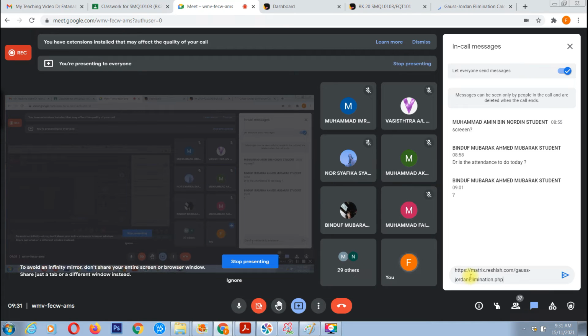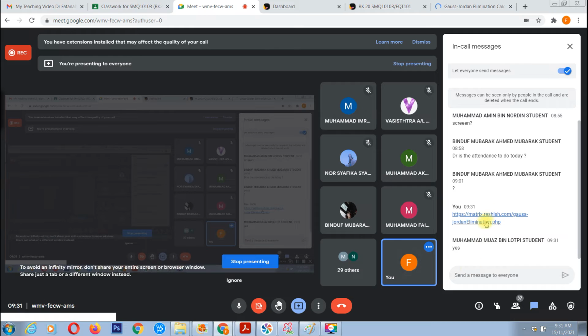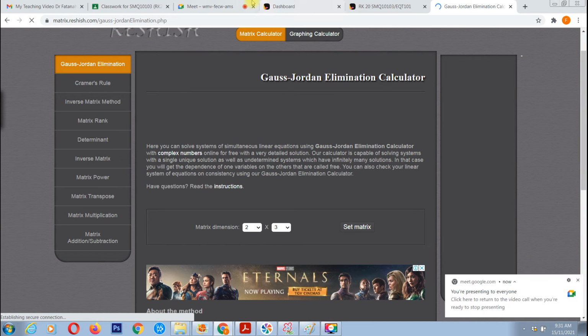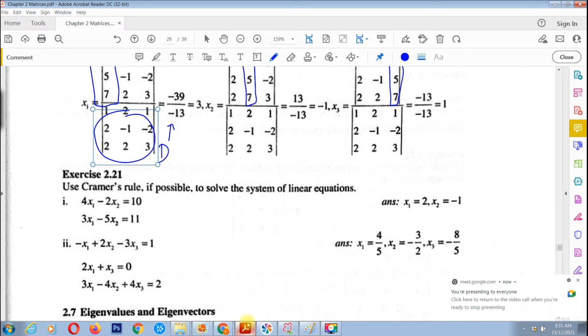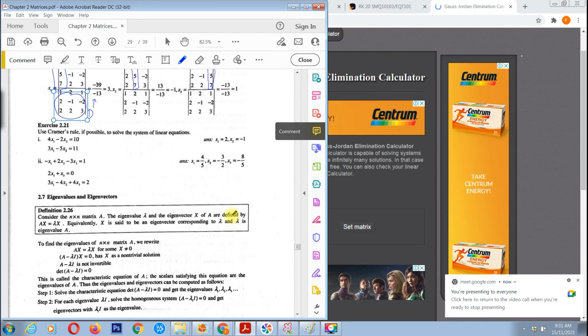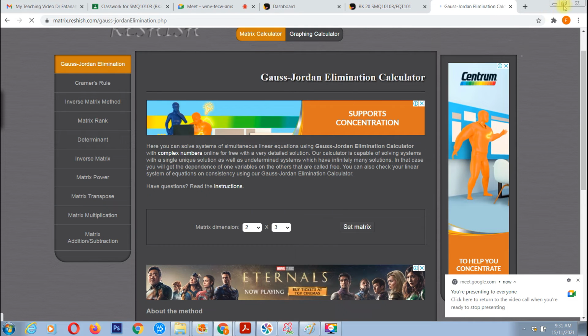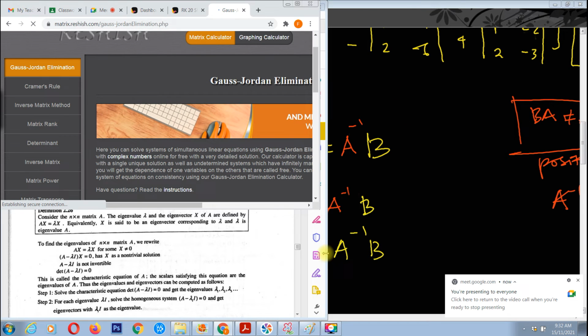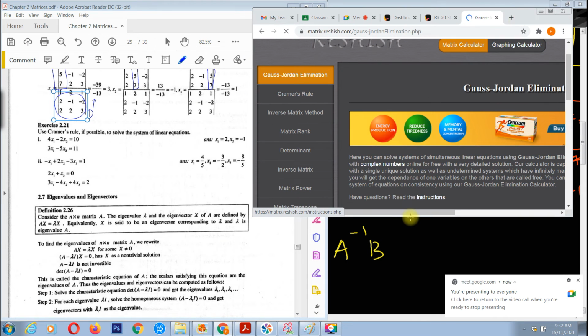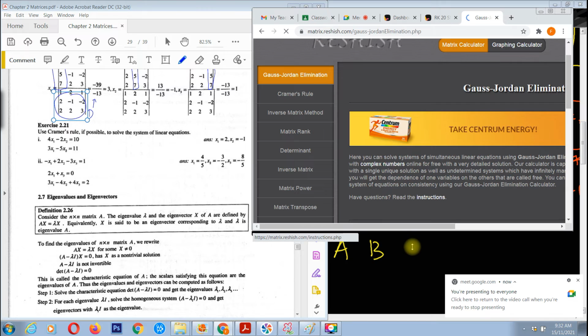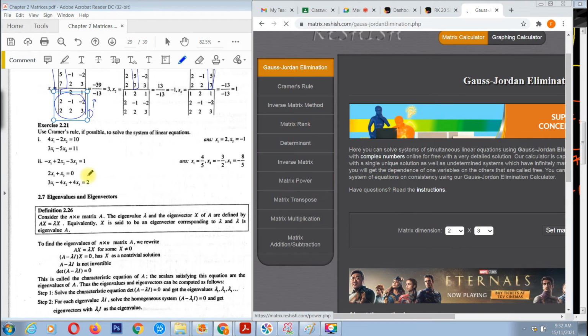Okay, this calculator is quite good because, for example, just make sure you can translate into the working, if you want to answer the question in your exam. So if we have this, now we have 3 by 3 matrices.